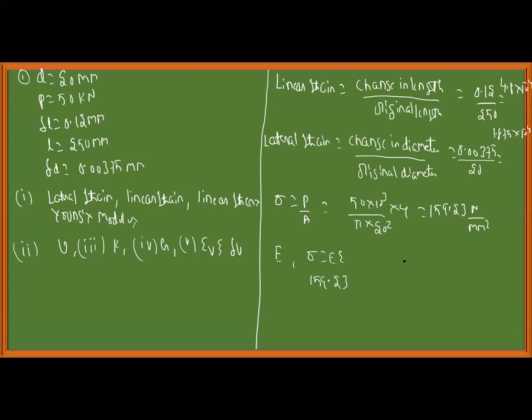So better convert this into Newton per meter square, into 10 power 6, divided by this linear strain, which is 4.8 into 10 power minus 4, which is equal to... You can also keep it in Newton per mm square, but generally it's better to express in GPa.